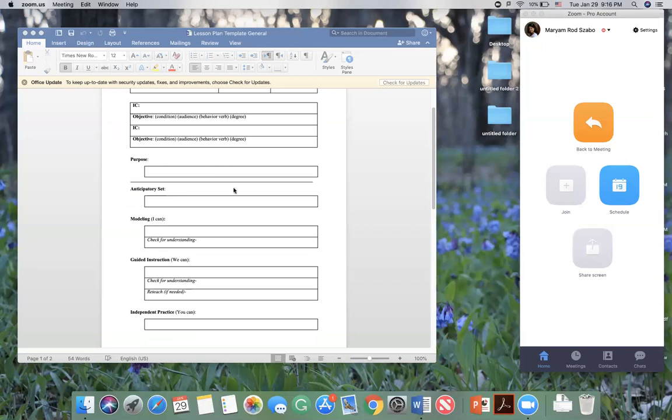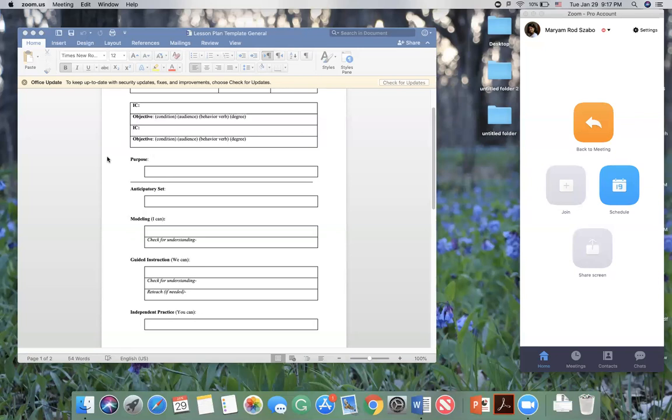So, the next step after the Iowa Core, Common Core, and objective is to write the purpose of this lesson. So pretty much the purpose is, after all of these objectives are met, what is it that students can do?